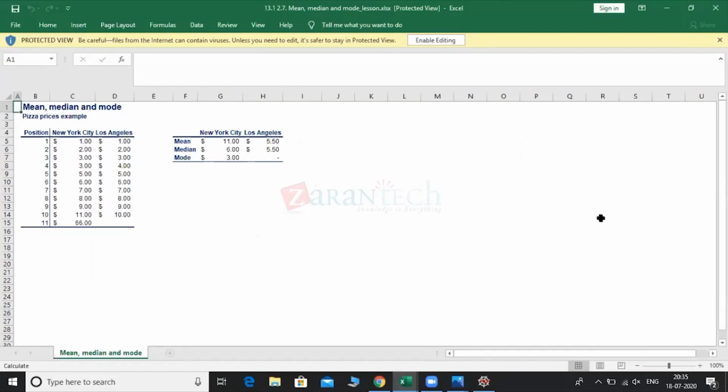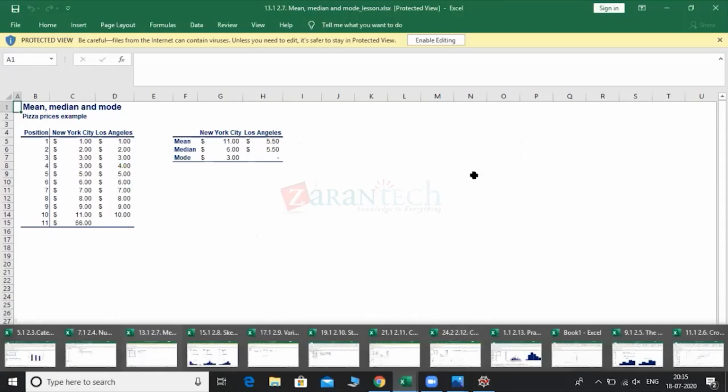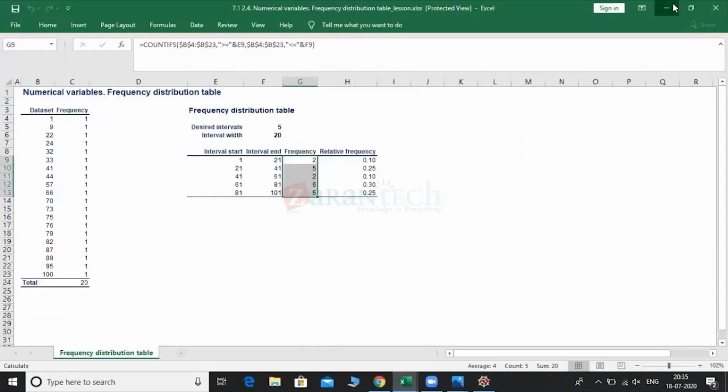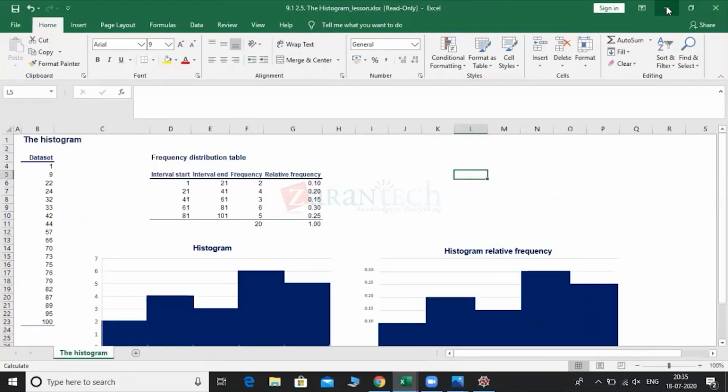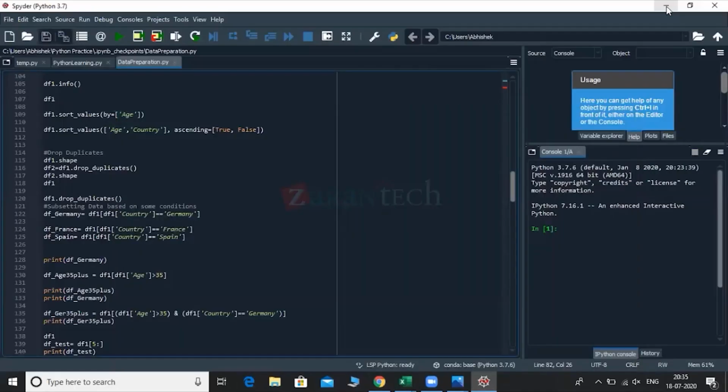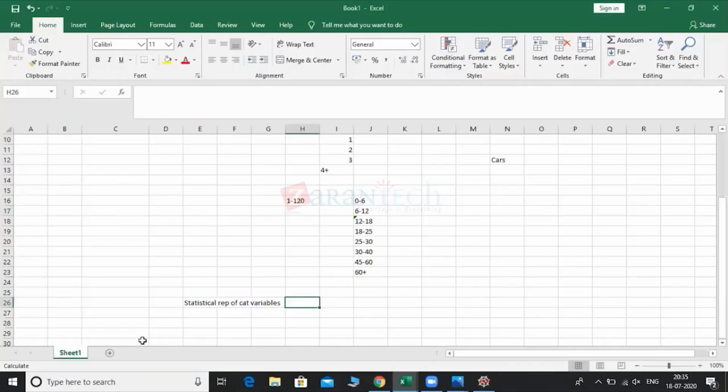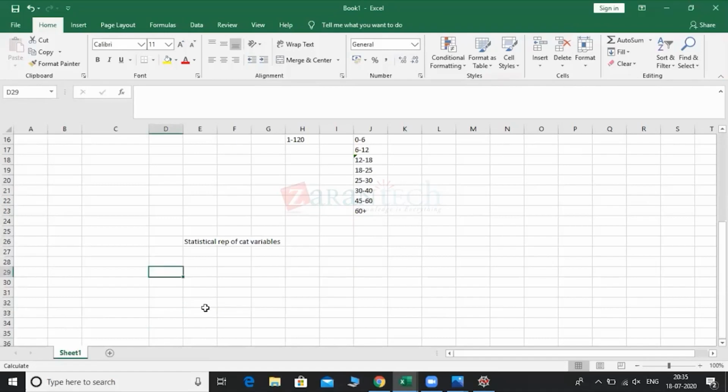Now, what we'll do is, from a statistical point of view, there are three parameters essentially.